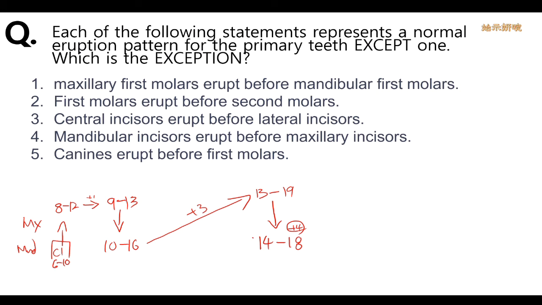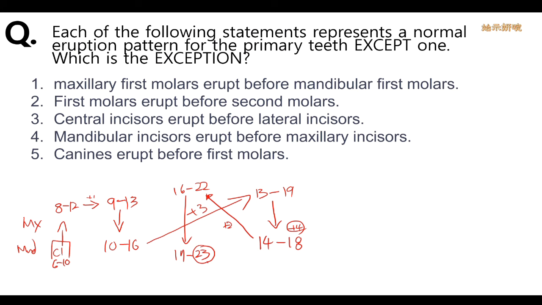And now it is time to go upward to the canine, so we add 2 to it, so it becomes 16. And the number which was tagged here was 6, so we add 6 to it. And now it is time to go down, so it becomes 17. And the number tagged at the corner of the tooth was 6, so it becomes 23.